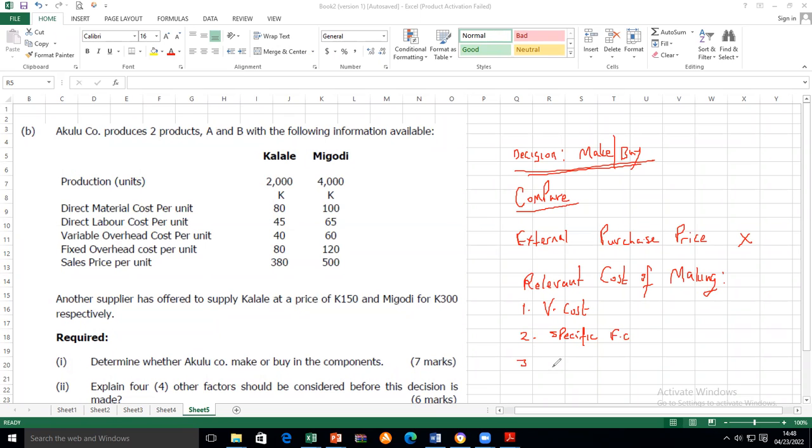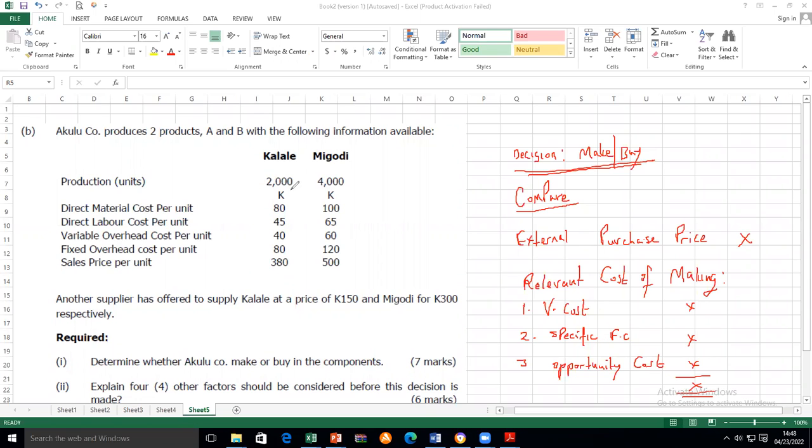Number 3, any opportunity costs. So we need to add up this. So that's how you decide. You need to identify all these.